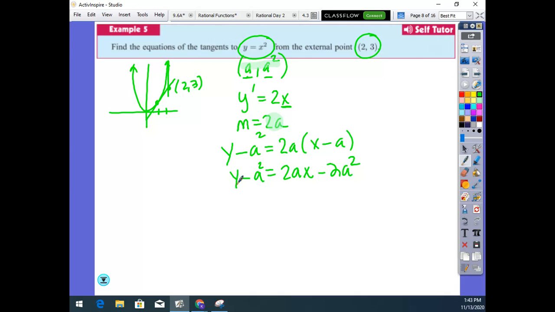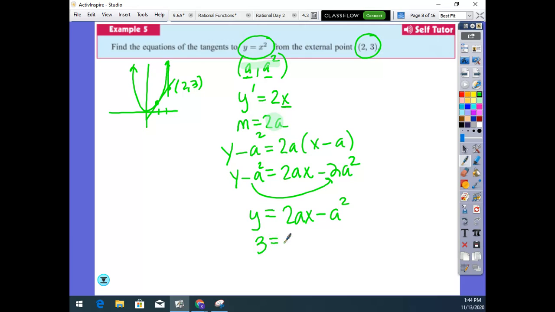Let's simplify our y though. Let's add a squared because then I can simplify this a little bit. Because add a squared to -2a squared, and I just have -1a squared. But I can use this point, plug it in for y and x, and solve for a.